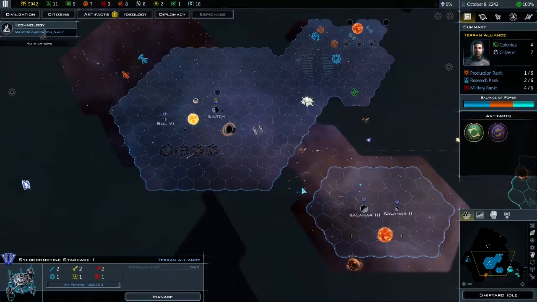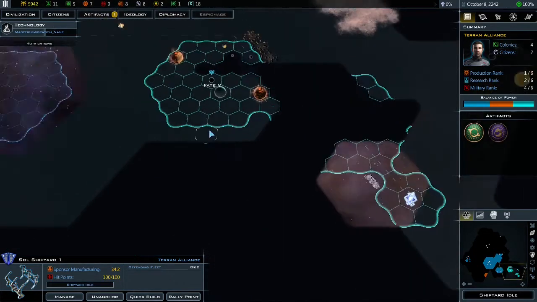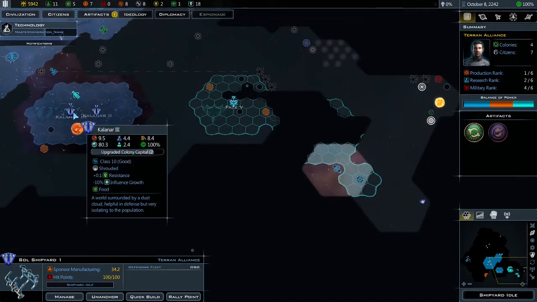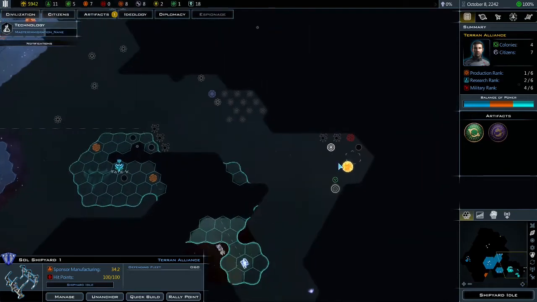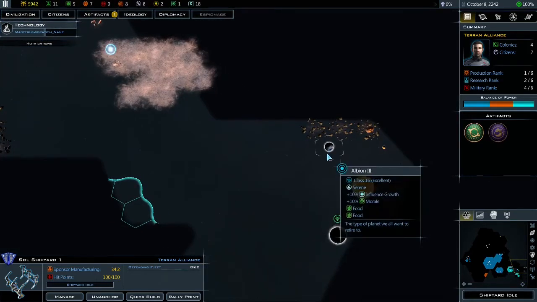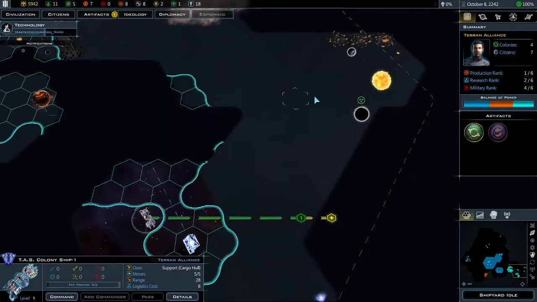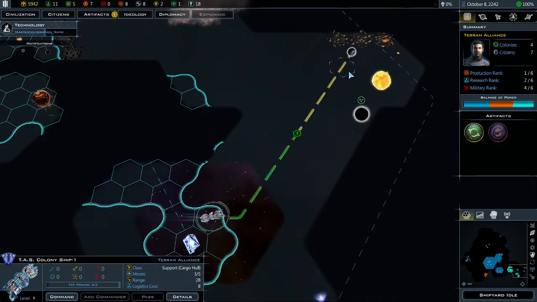a big government probably. And for example, we in here have a colony that provides increased influence growth. The same way our colony has decreased influence growth in here in Planet 3, that colony Albion 3 has increased influence growth thanks to it being serene, and why not get that while we're here, right?